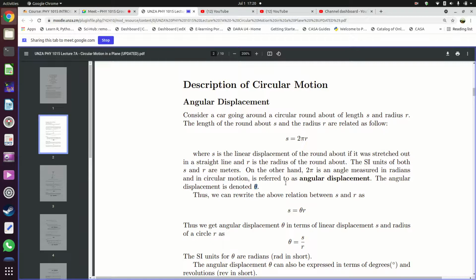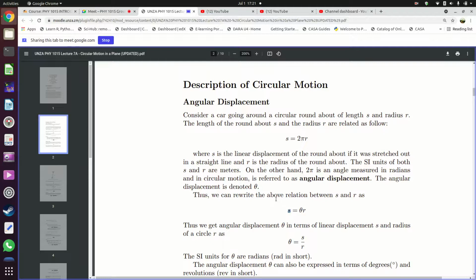Generally, if you know the angle through which an object moves, and you know the radius of the circle through which it's moving, if you multiply theta, the angular displacement, by the radius, then you are going to get how much distance in meters that particular object, or car, or person has moved.